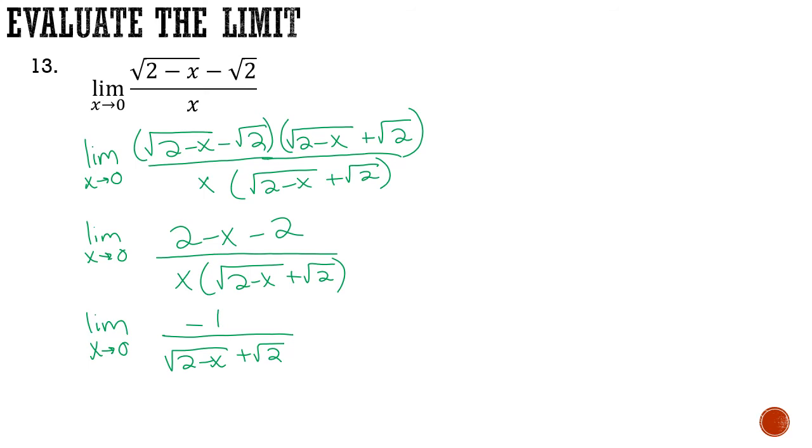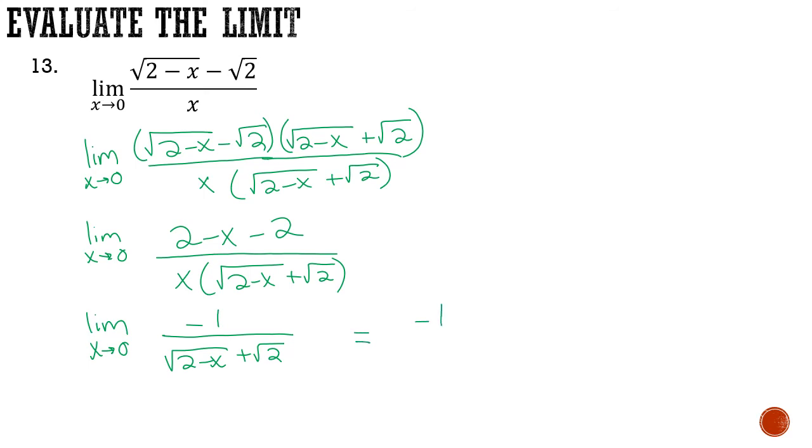Okay, so now look at this. If I substitute the 0 in for x, I'm no longer going to have a 0 in the denominator or a 0 in the numerator. So we multiplied by the conjugate of the numerator. We rationalized the numerator in order to simplify this problem. So I'm just going to go over to the side because I'm running out of room behind it.